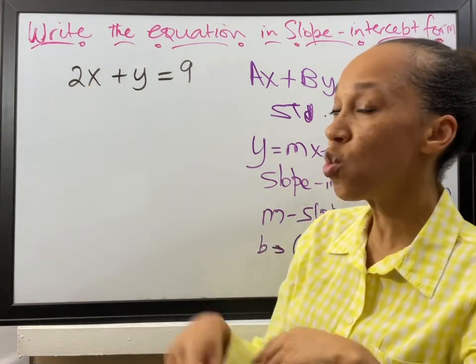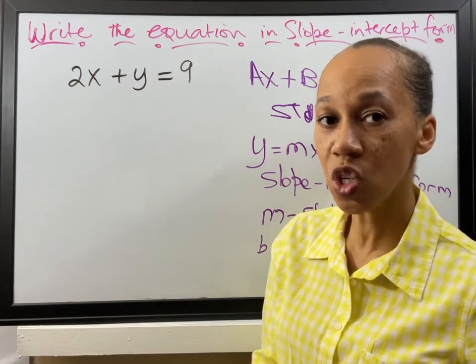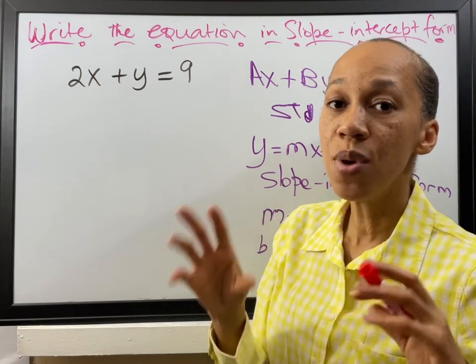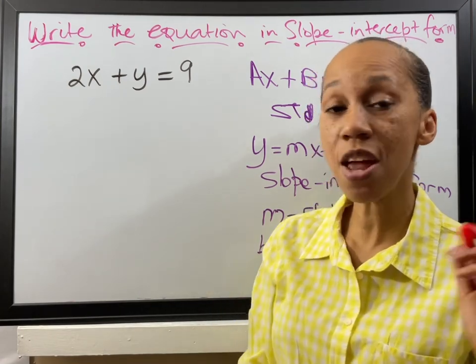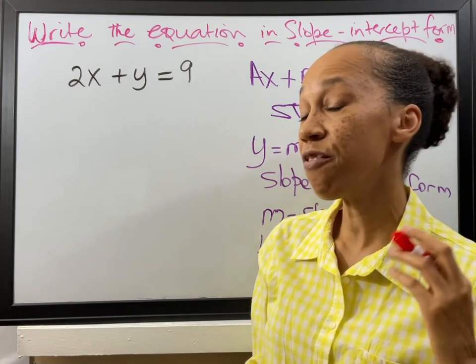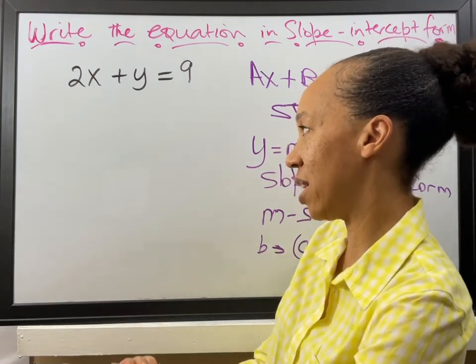So 2x is there, and it is added onto the y. So in order to get rid of it, because it's a plus 2x, we have to do the inverse operation. The inverse of plus is minus, or the inverse of positive is negative, however you want to state it, okay?